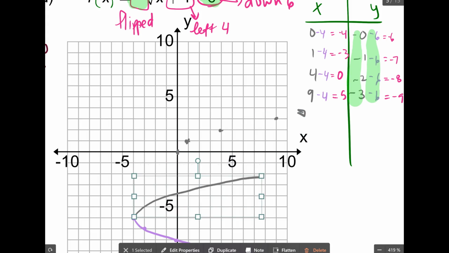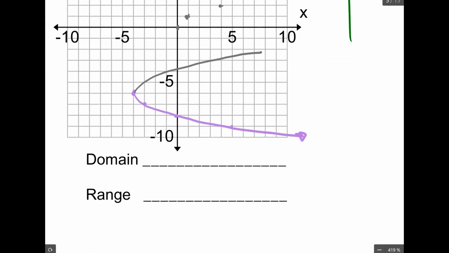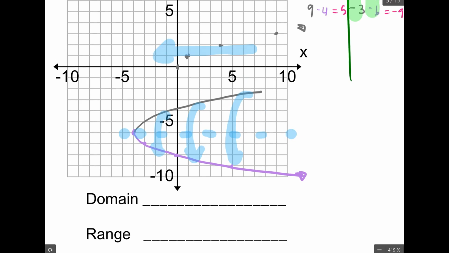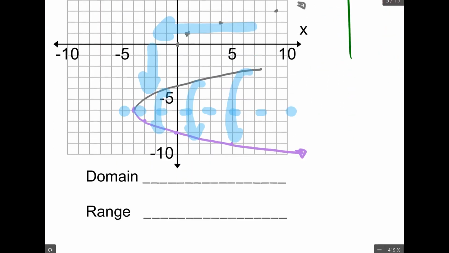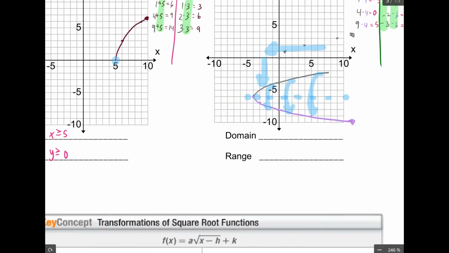And then I have to flip it, so flip it over like this line. It's reflected across. And that's how I got it. So I moved it over left 4, down 6, and then I flipped it, and that's how I'd get the purple one.